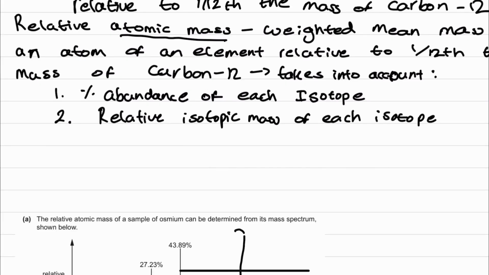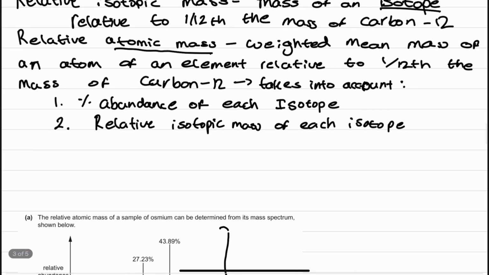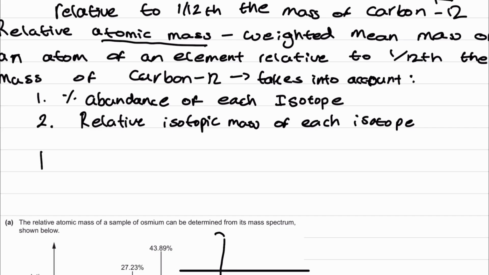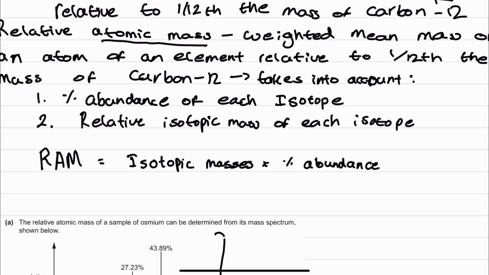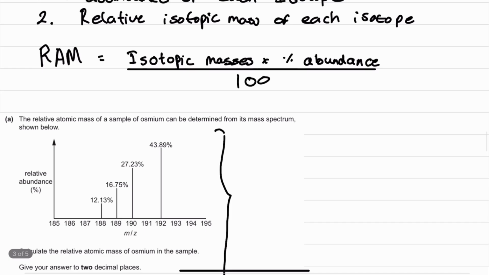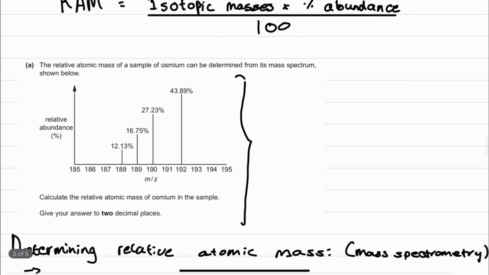So then, what is the equation for relative atomic mass? Well, the equation for relative atomic mass, I'll just write it in short, is the isotopic masses times their percentage abundances, all over 100.